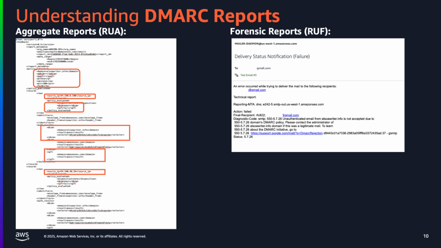Forensic reports (RUF) offer detailed information about specific messages that failed DMARC evaluation, enabling analysis of fraudulent emails, investigation of authentication failures, and troubleshooting of legitimate email issues. Organizations typically use aggregate reports for ongoing monitoring and forensic reports for detailed investigation when specific problems arise.